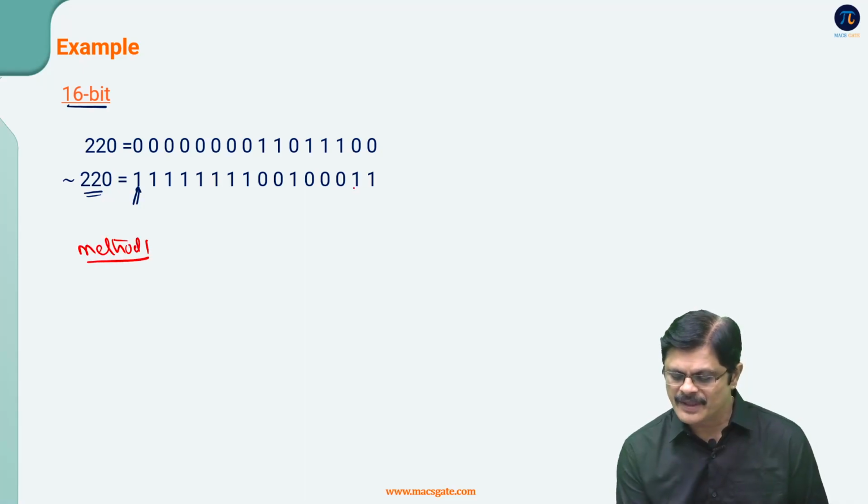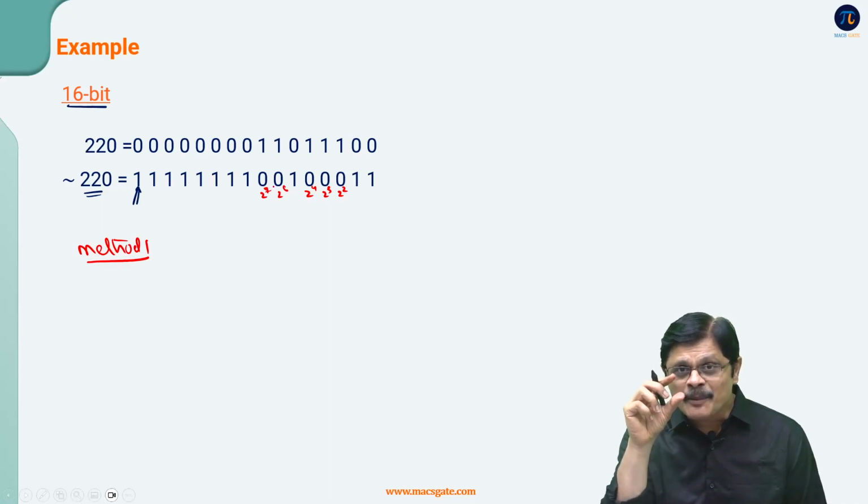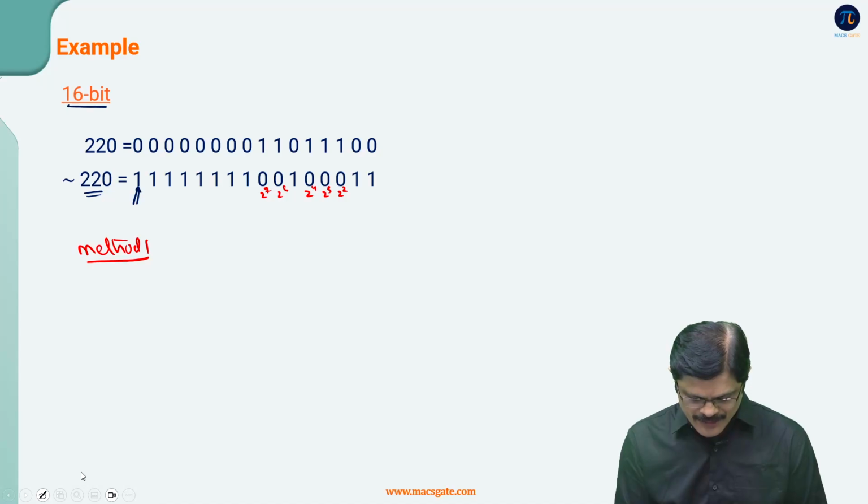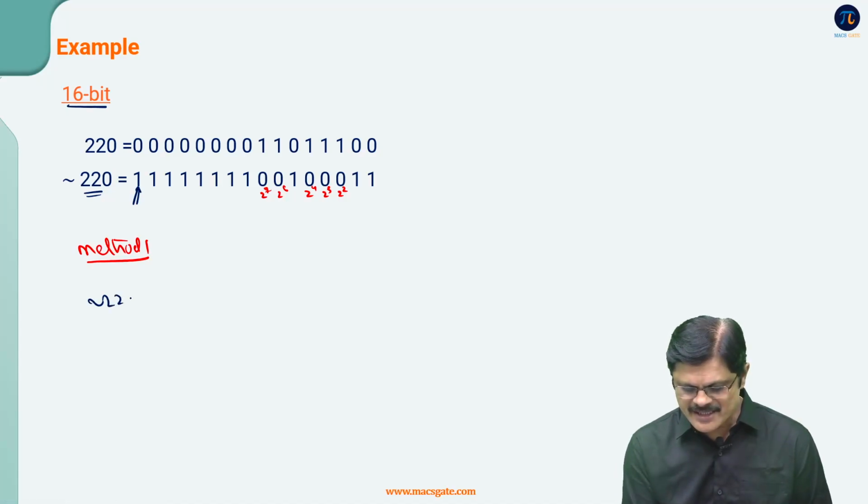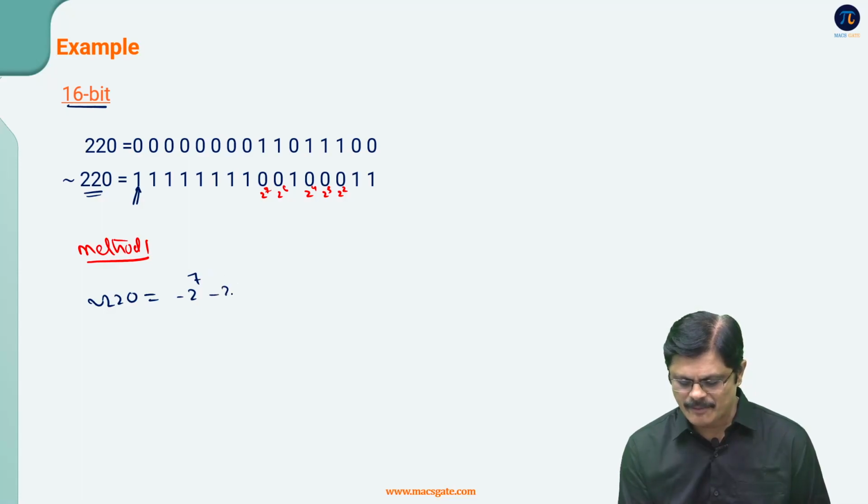For method 1, this is 2 power 0, 2 power 1, 2 square, 2 cube, 2 power 4, 2 power 5, 2 power 6, 2 power 7. We are interested in the positions of zeros. So, what is the answer, my dear friends? The answer for the 220 complement is minus 2 power 7, minus 2 power 6, minus 2 power 4, minus 2 cube, minus 2 square, minus 1.